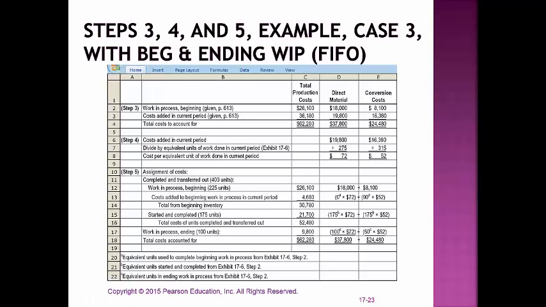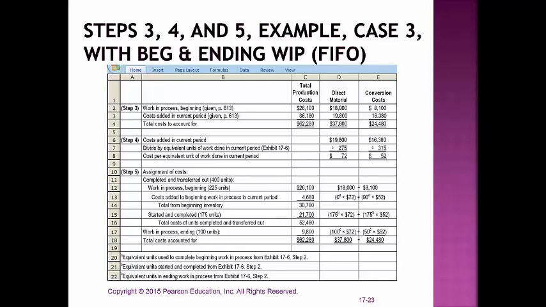The first 225 of those 400 came from beginning work in process that needed some more conversion. Therefore, we have the total cost that was brought over: the original 18,000 in direct materials, because they had already gotten their direct materials in the prior period, and the 8,100 for the 60% conversion from the prior period.